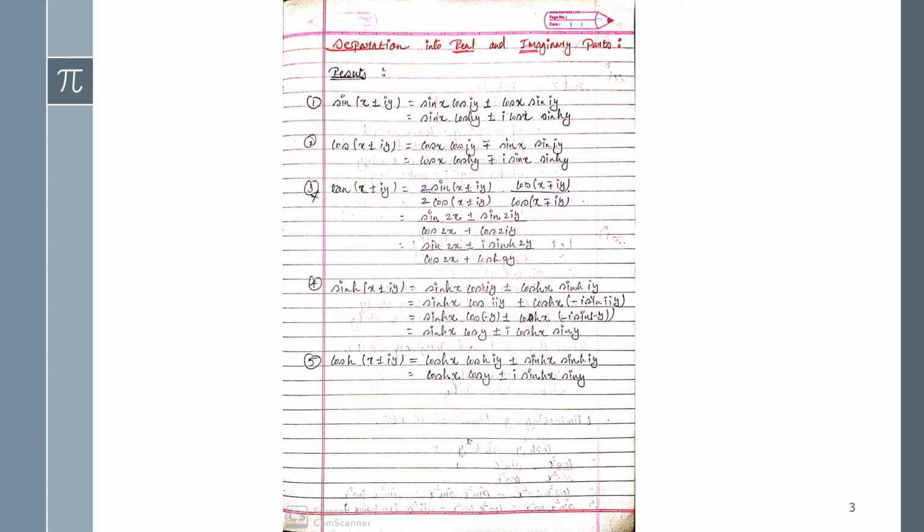Sine cos plus cos into sine. So with the same procedure, but here it's given for the circular. The formula of this one will be sin x into cos iy plus or minus cos x into sin iy. So you know that the formula of sine of alpha plus beta will be this one, right?